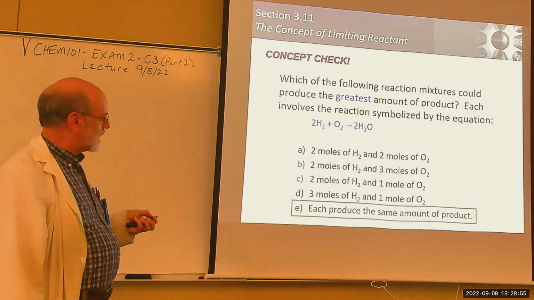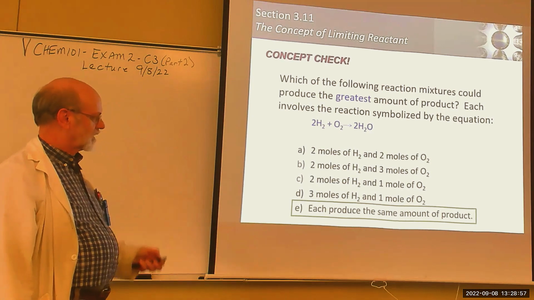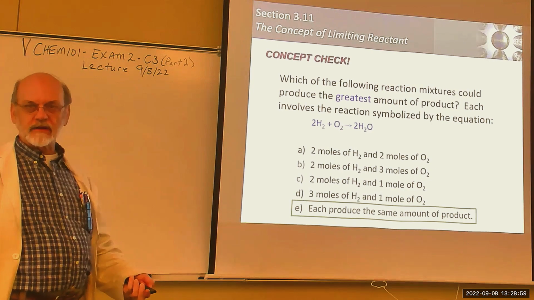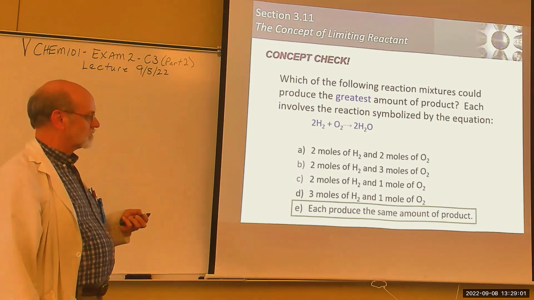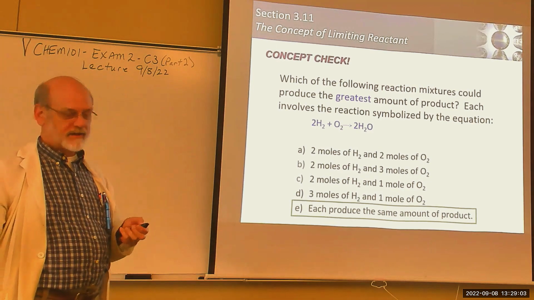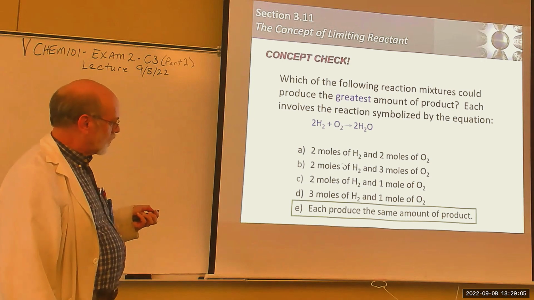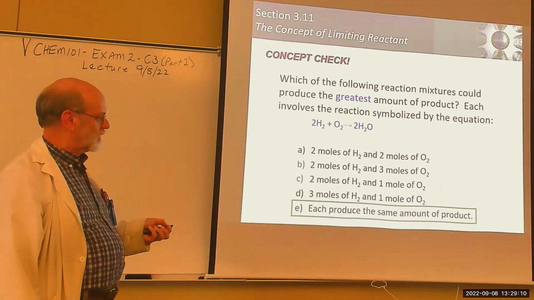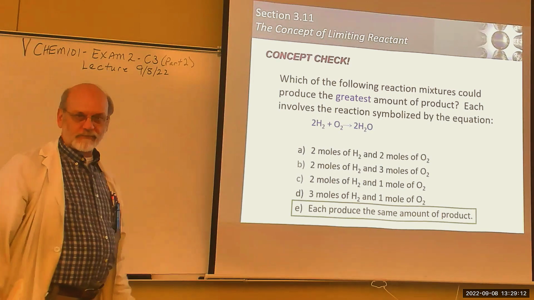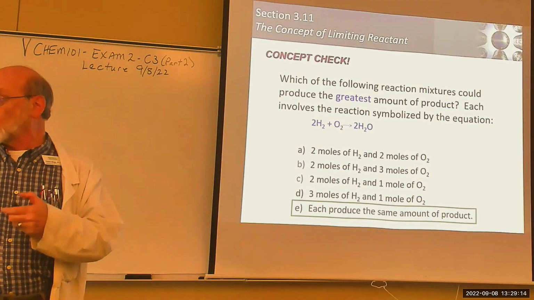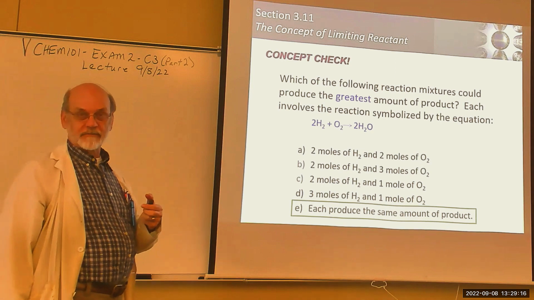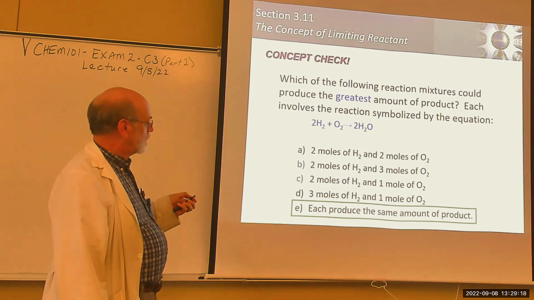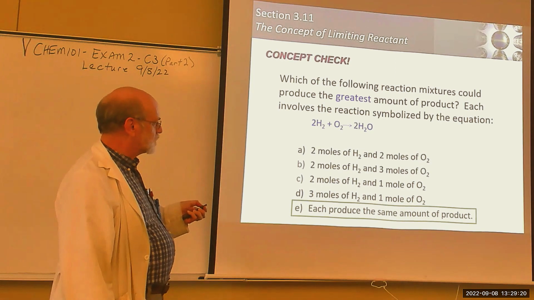What if we have 2 moles of hydrogen and 3 moles of oxygen? Sublime to ridiculous. Right? You got more oxygen and you still don't need it. And these 2 moles make 2 moles of product. How about 2 moles of hydrogen and 1 mole of oxygen? That's the stoichiometric mixture. It's exactly the right ratio. 2 to 1 makes 2.